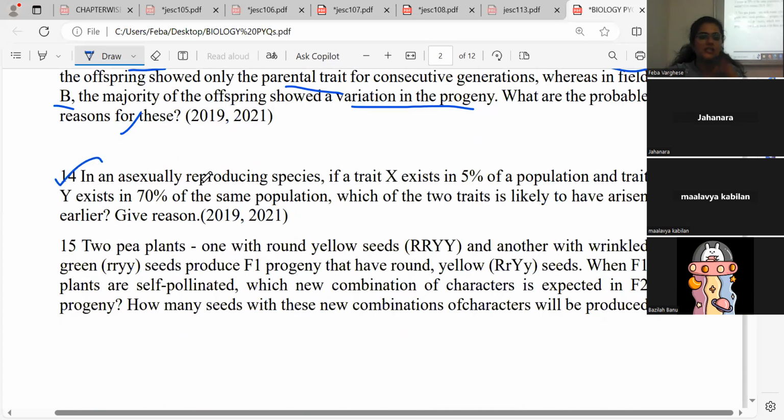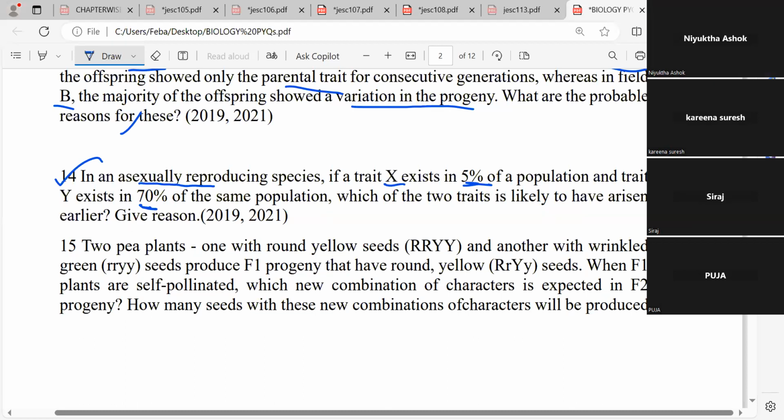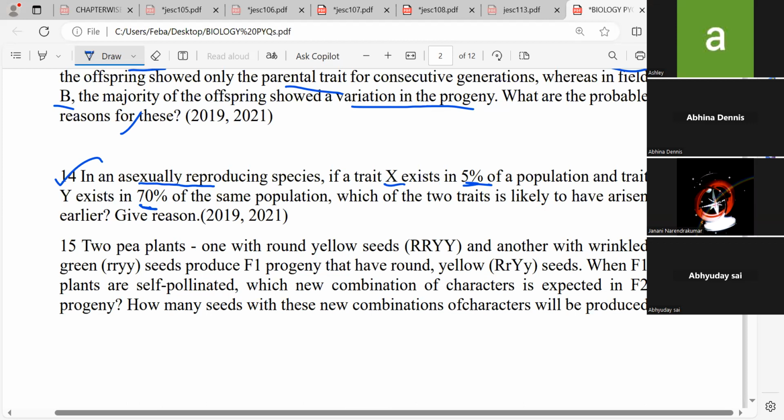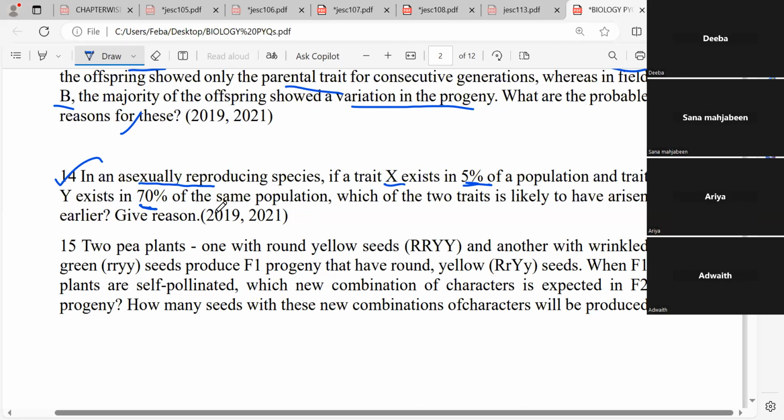Now 14. In an asexually reproducing species, the trait X exists in 5% of a population. It's asexually reproducing, okay? And the trait Y exists in 70% of the same population. Which of the 2 traits is likely to have arisen earlier? Give reason. Online students, which one would have arisen earlier? Is it the 70% trait or the 5% trait?